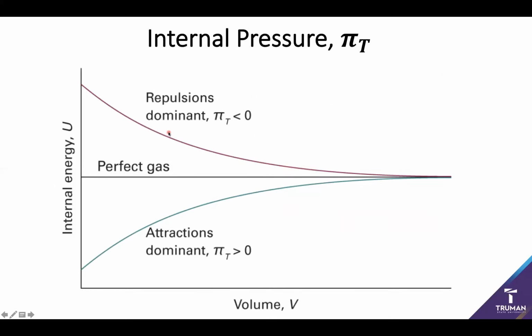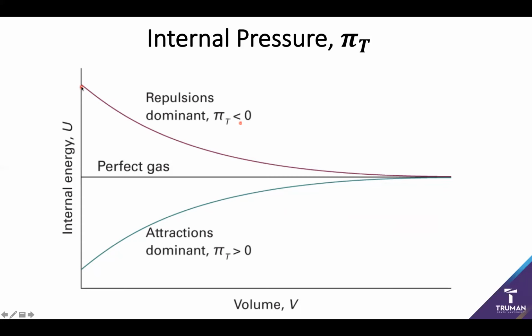So again, we can also look at this from a more visual perspective. You can imagine I have a gas that has a lot of repulsive forces, at which point my internal pressure is less than 0. And this means that the gas is going to naturally want to repulse and expand out.